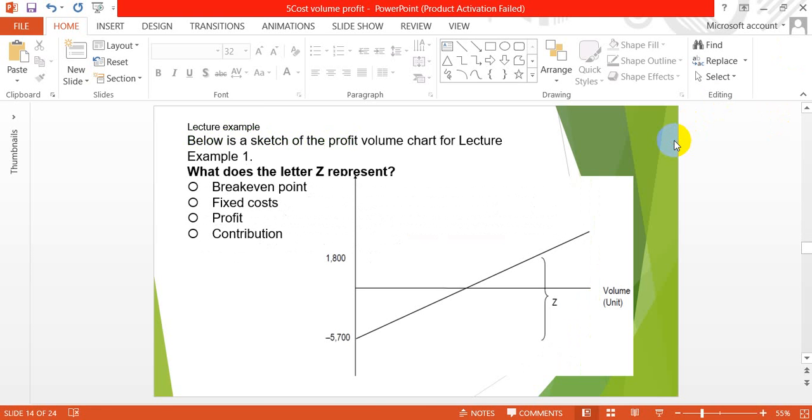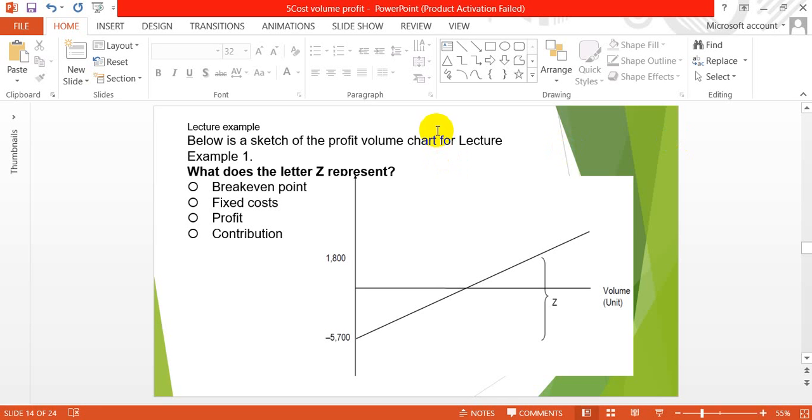So in this lecture example, we are given a sketch of the profit volume chart from our earlier example 1. You are required to label the letter Z. So what does the letter Z represent?